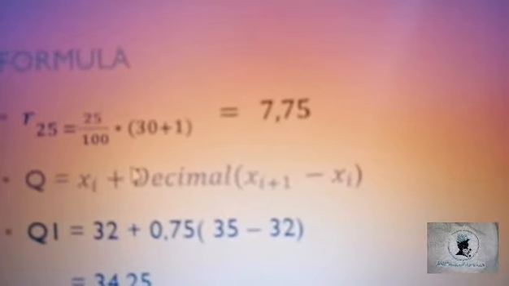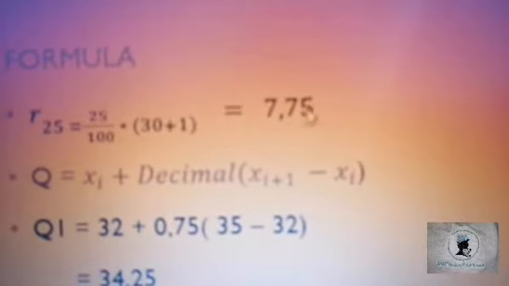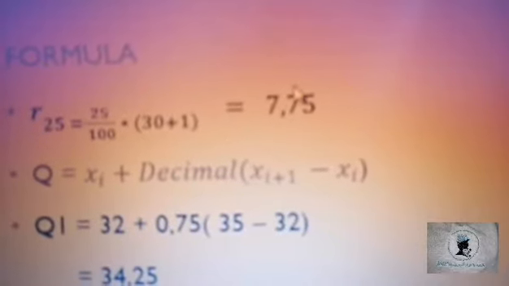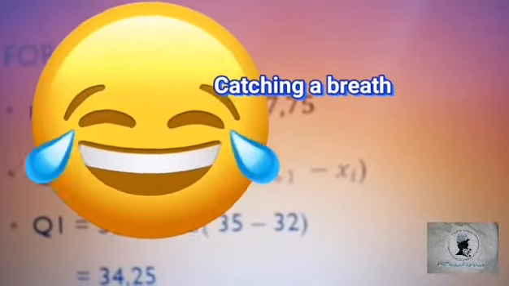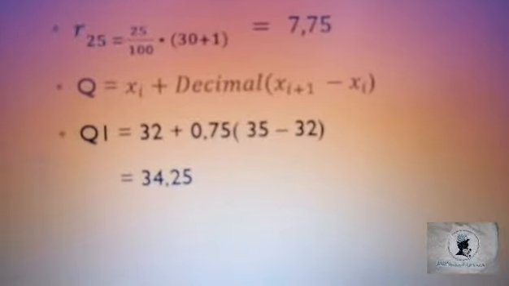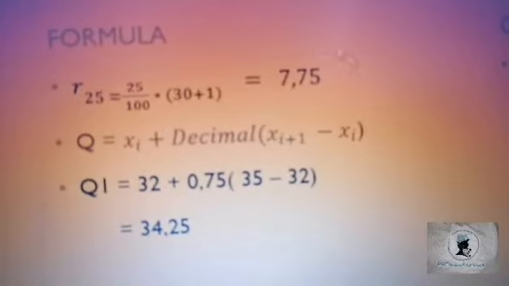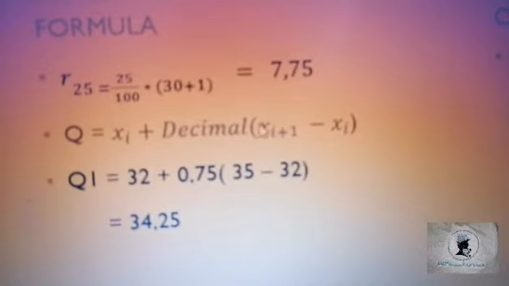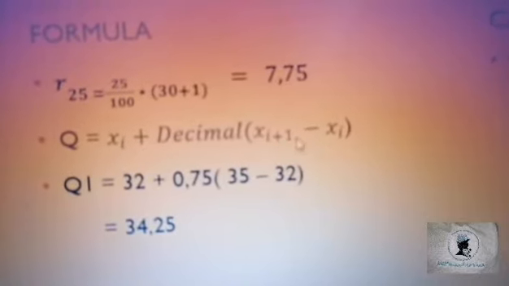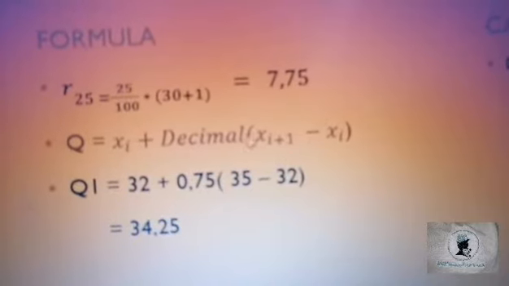Our decimal is simply the decimal number in our solution. So in this case, our decimal is 0.75. xi plus 1 is the data value at position i plus 1, where in this case we are going to take the data value at position 8.